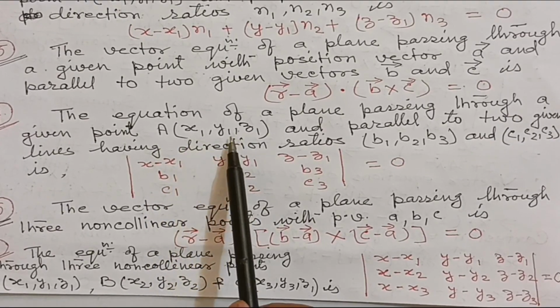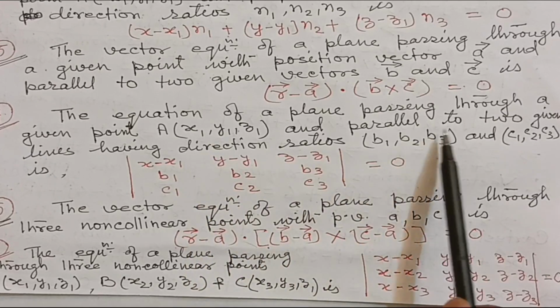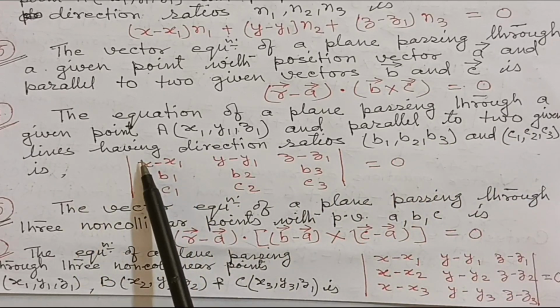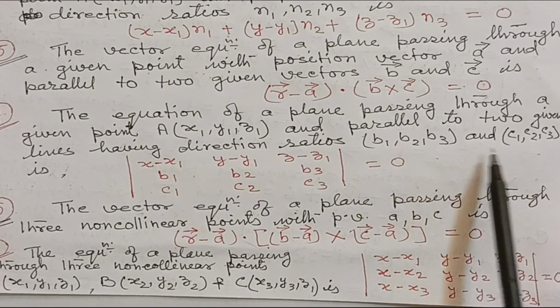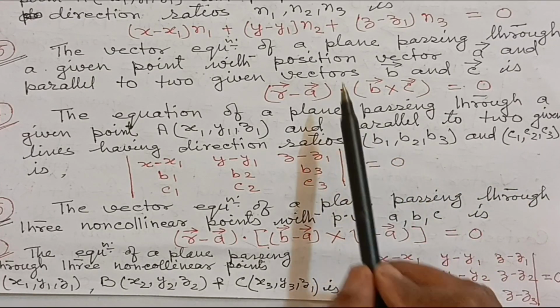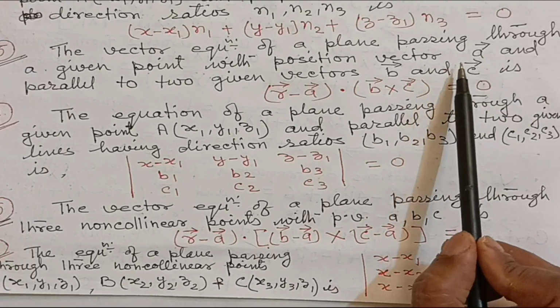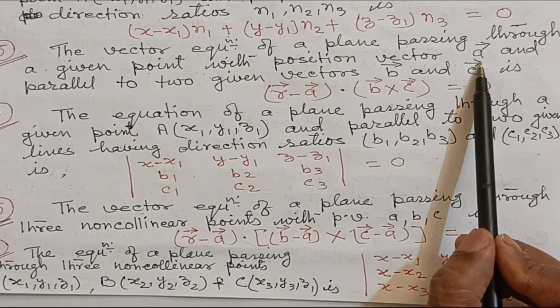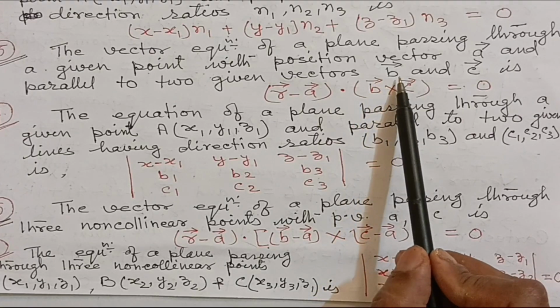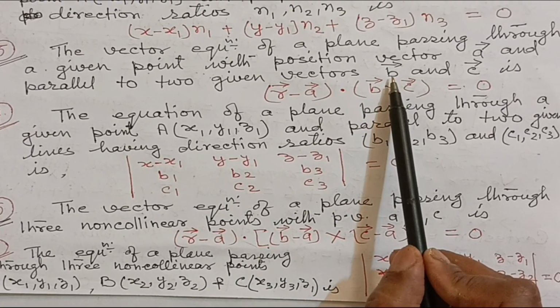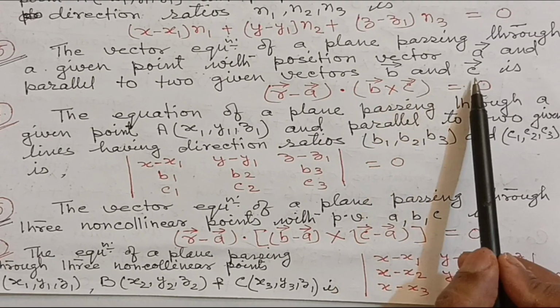It is the Cartesian equation. And parallel to two given lines having direction ratios b1, b2, b3 and c1, c2, c3, that is, parallel to given vectors B and C.